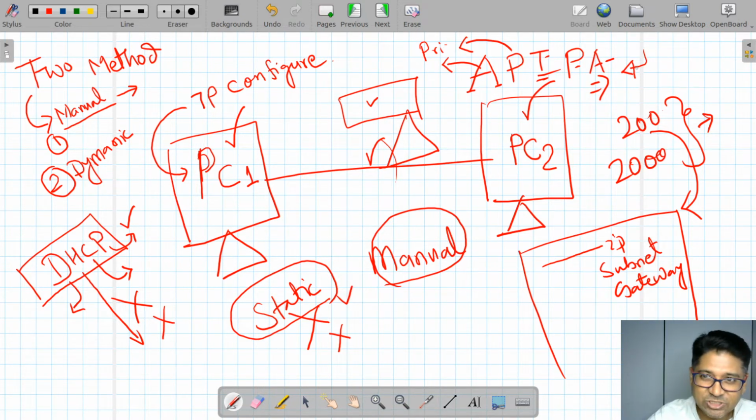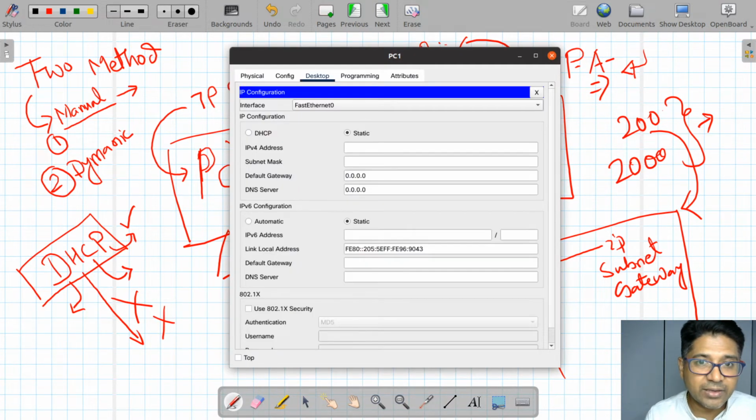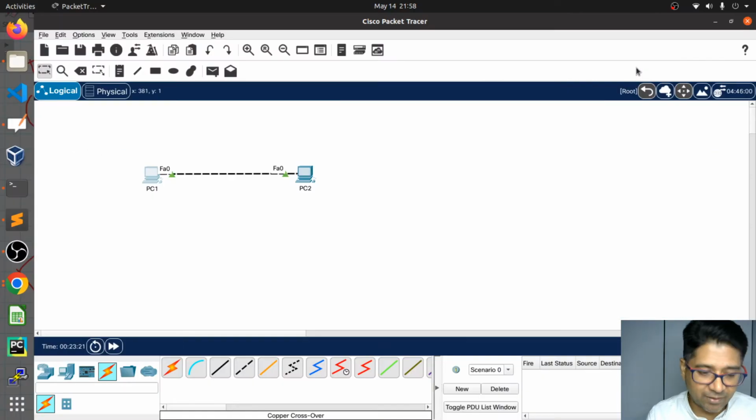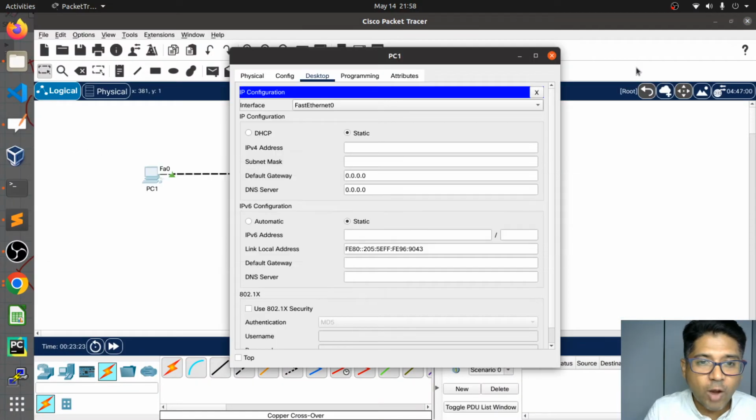Okay, let's see that. We study three things. We understood the IP. Now we are understanding who is going to configure the IP. In the lab there are two options.